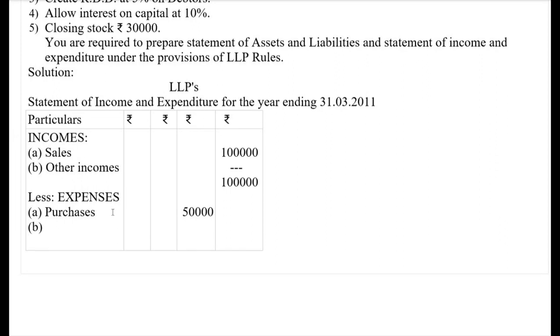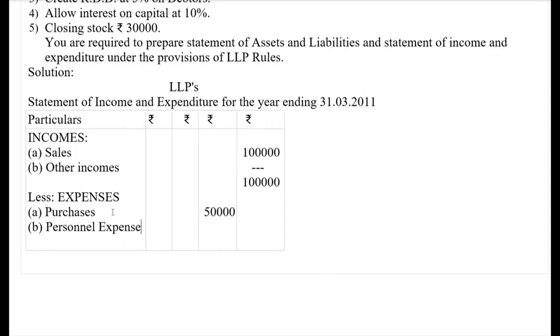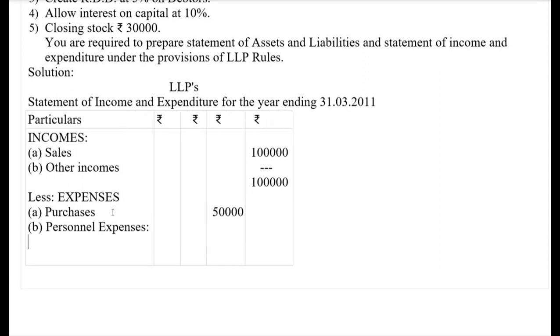Next, B, personnel expenses. In this we have got wages. To this we should add outstanding, then salary.